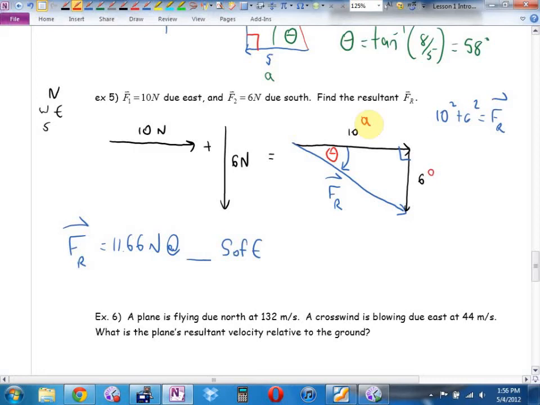Tan. Tangent of what always goes next to the trig function? The angle. What's the angle this time? So, it's a variable. What do we call that variable there? Theta equals opposite over adjacent.